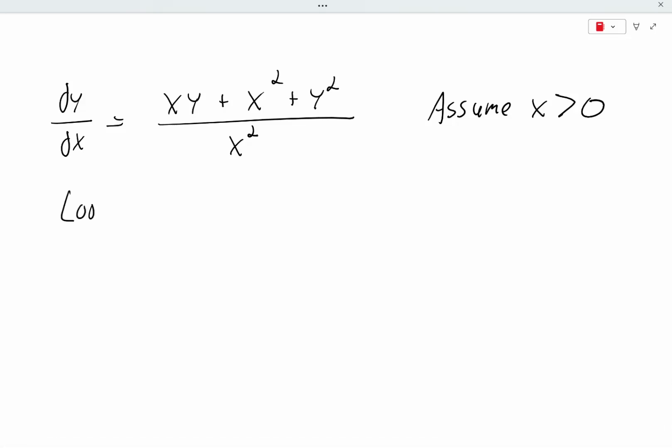So what you do here is look for y equals ux for solutions. So look for solutions like this. Then you substitute in. So then you get u prime x plus u, using the product rule.